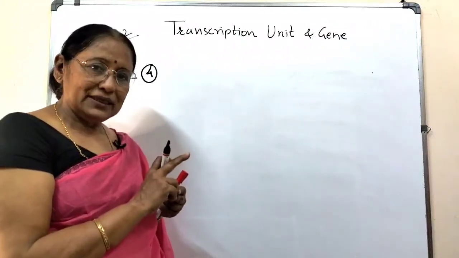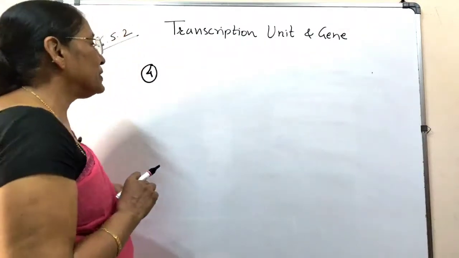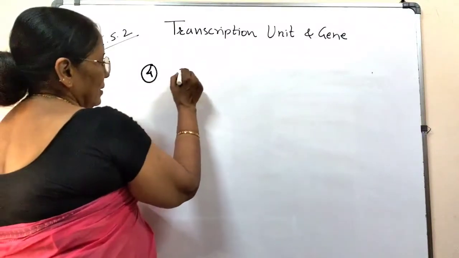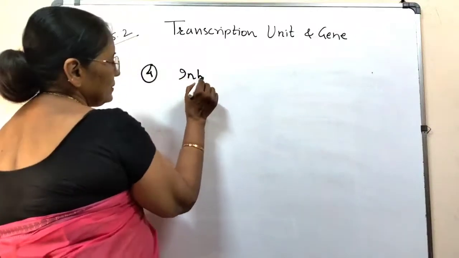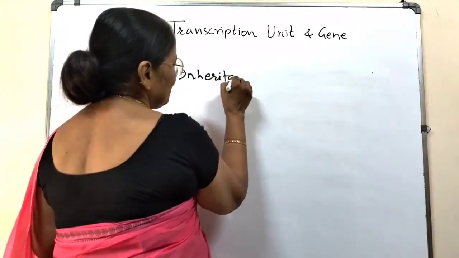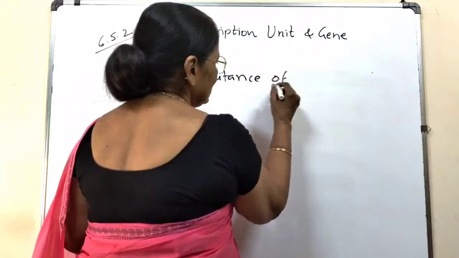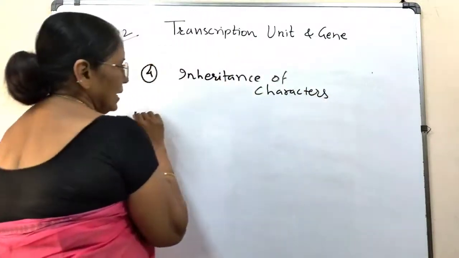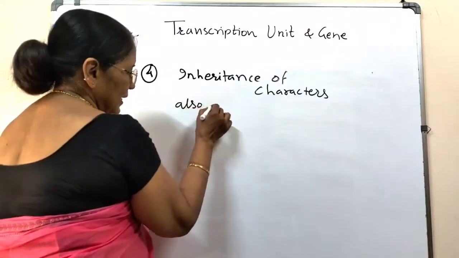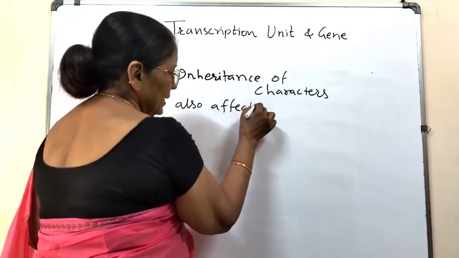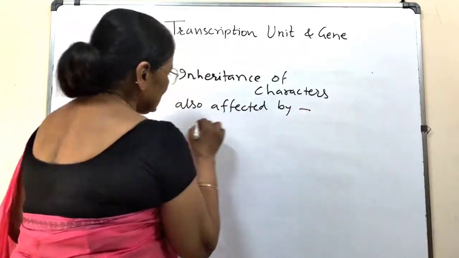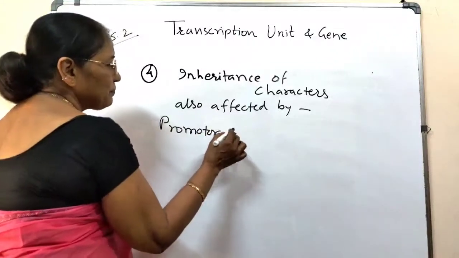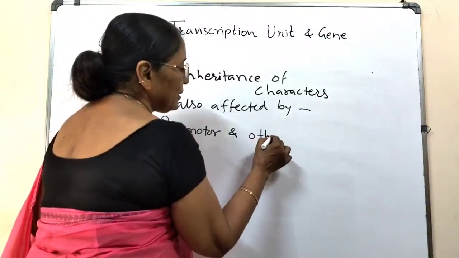You will find this fourth point there. What is this fourth point? You will see that the inheritance of characters is also affected by the promoter and other regulatory sequences.